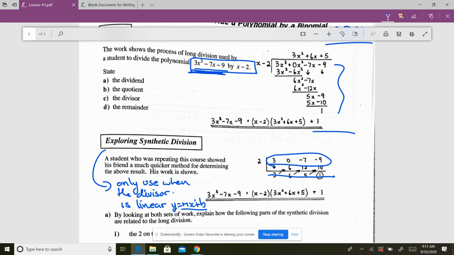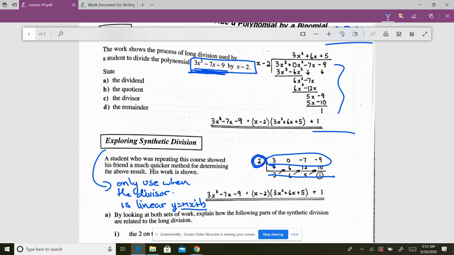It's the coefficients, okay? What goes inside of this little box thing, we'll talk about that, are the coefficients of your polynomial. What goes outside is what? We're dividing this by x minus 2. What is this number?